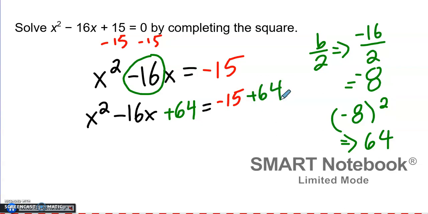Because remember, law of equality, what we do to one side of the equation, we do to the other side. We needed to add 64 on the left-hand side to complete the square, so we need to add 64 to the right-hand side to keep it balanced.